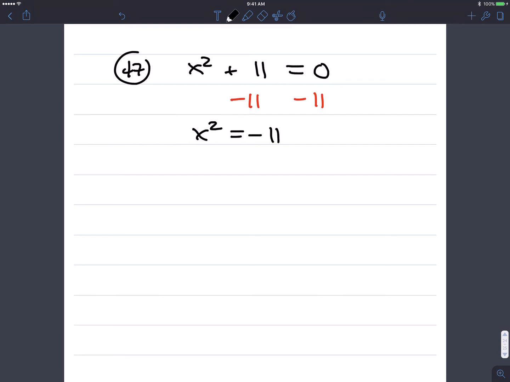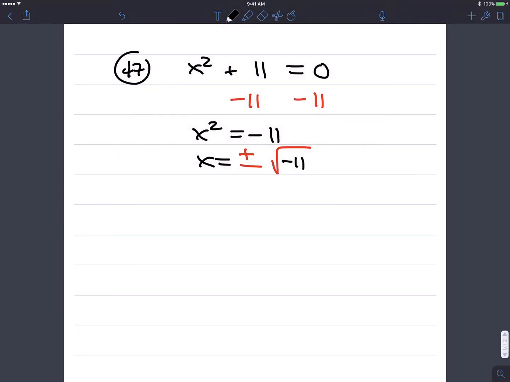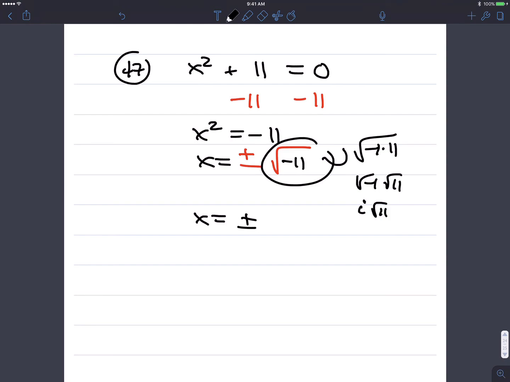Now, by the square root formula, x is plus or minus the square root of negative 11. We have to simplify this radical. Negative 1 times 11, the square root of negative 1, the square root of 11, i times the square root of 11, the square root of 11 i. And we're done.